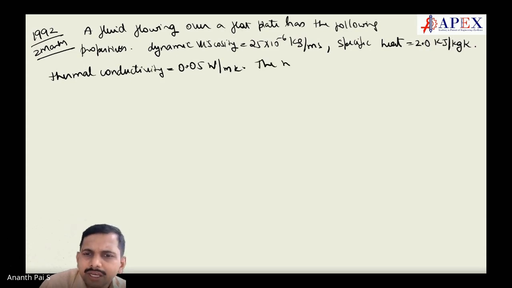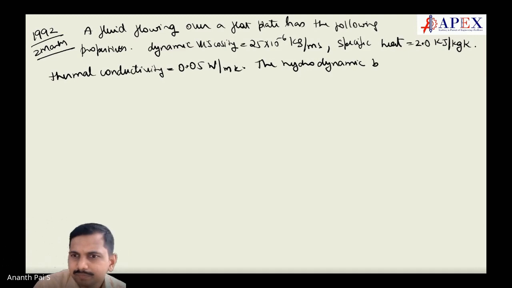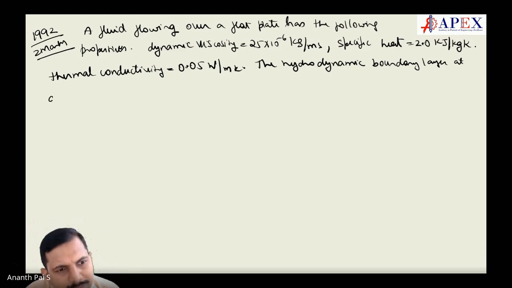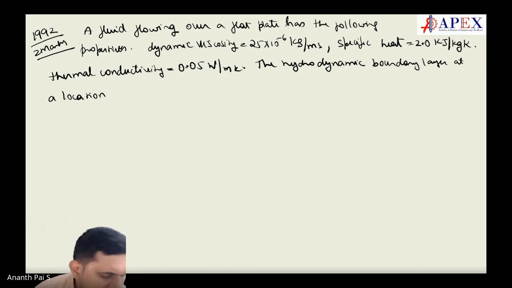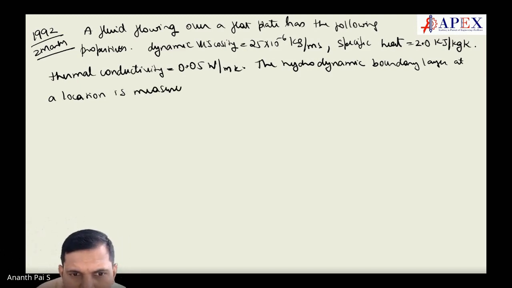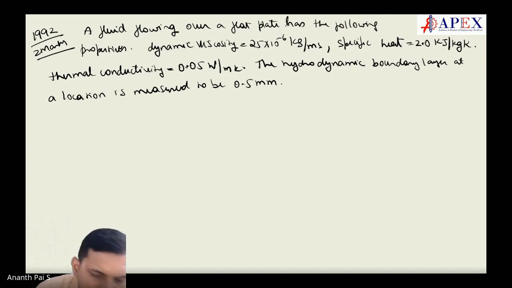The hydrodynamic boundary layer thickness at a location is measured to be 0.5 millimeters.